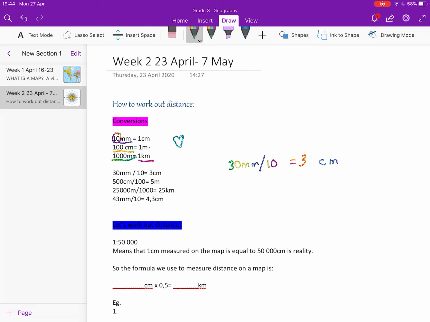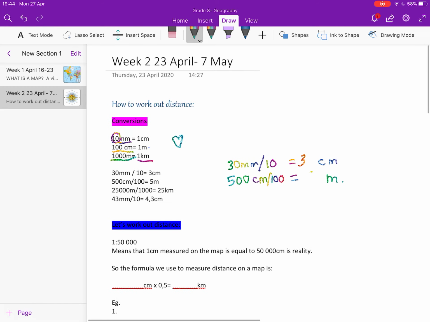The next one says 500 centimeters, and we need to convert this to meters. So we're going to see there's 100 centimeters in a meter. So we are going to divide this by 100. When you divide that by 100, you'll see that you get 5 meters.